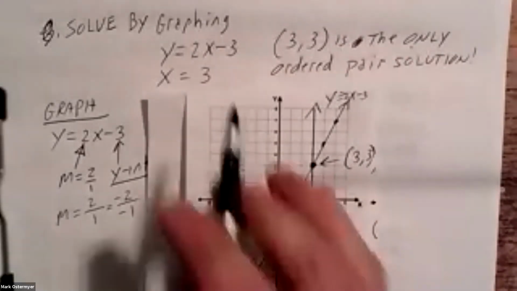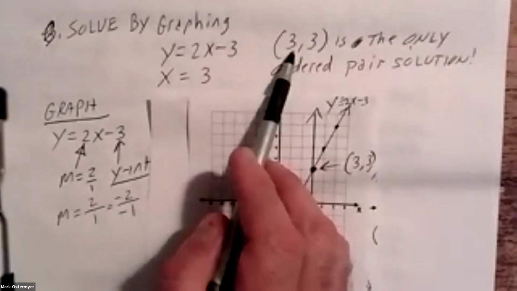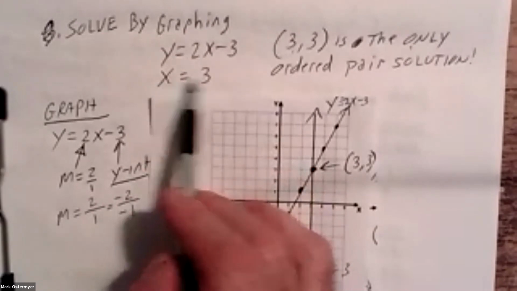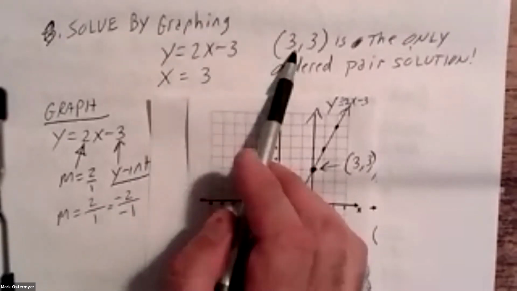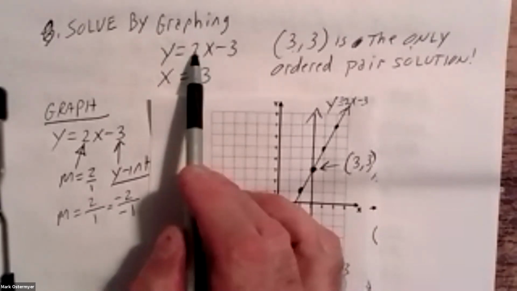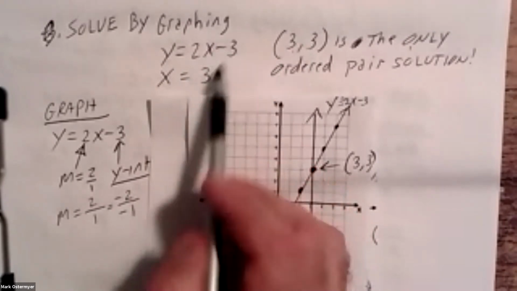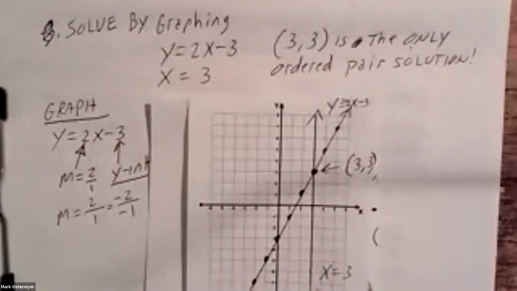And you can see that 3, 3 obviously satisfies the second equation because x is 3. 3 equals 3. And it obviously satisfies the first equation. 2 times 3 is 6 minus 3 gives you y is 3, correct? So 3, 3 definitely is a solution to that system of two linear equations and two unknowns.